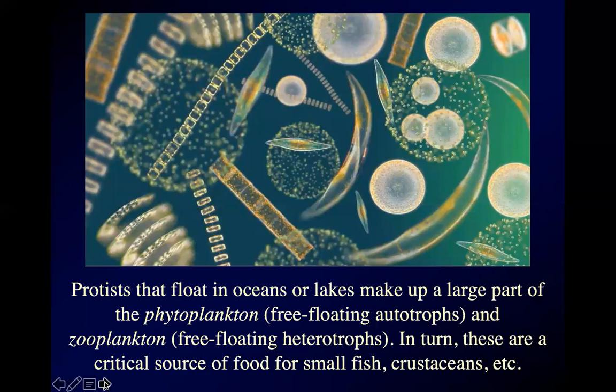The same is true in the oceans, by the way. The ultimate source of your tuna is phytoplankton that gets eaten by little zooplankton, that gets eaten by little shrimp, that gets eaten by small fish, that get eaten by big fish, that get eaten by tunas, and so on. We'll talk more about that concept of food webs much later on towards the end of the course.